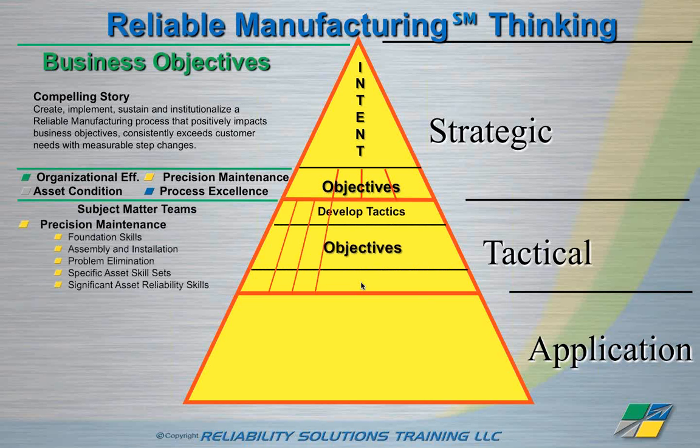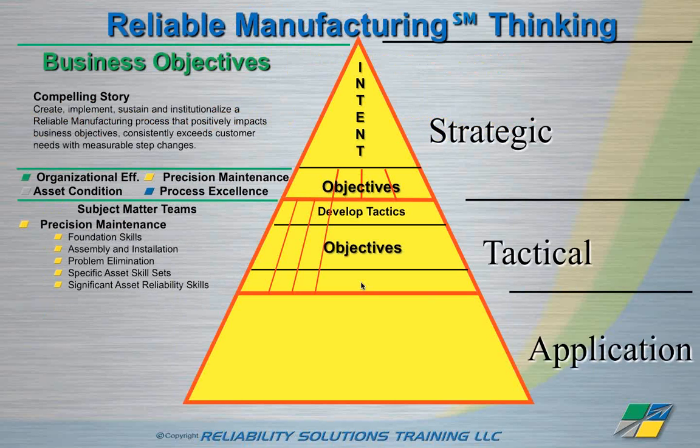We need to be able to assemble and install our machines correctly. We need our technicians eliminating problems and understanding how to eliminate them. Then there are skill sets around specific assets, such as pumps, seals, and bearings. Each of those I can put tactical measurements on. So my assembly and installation tactic supports precision maintenance, which goes on to support my big business objectives.